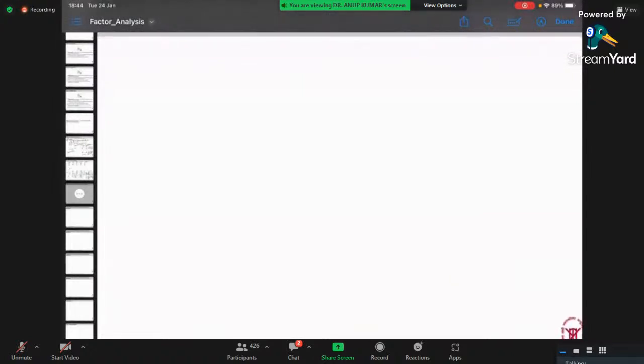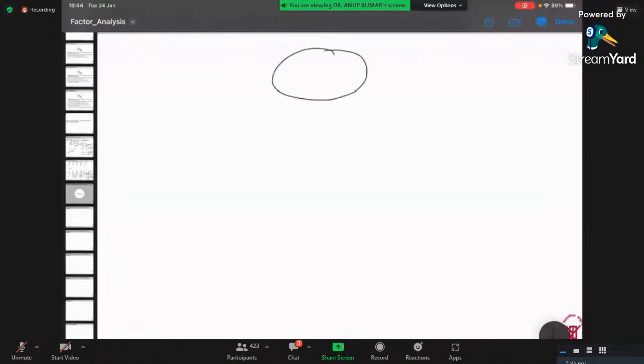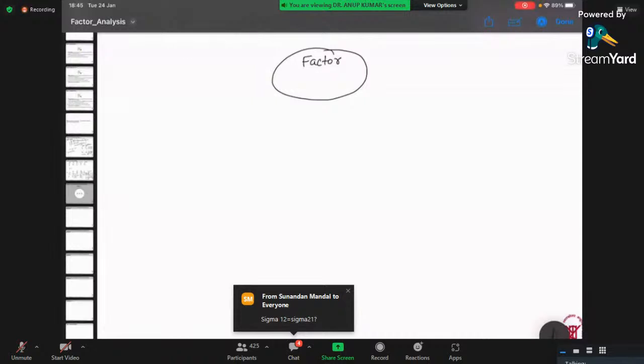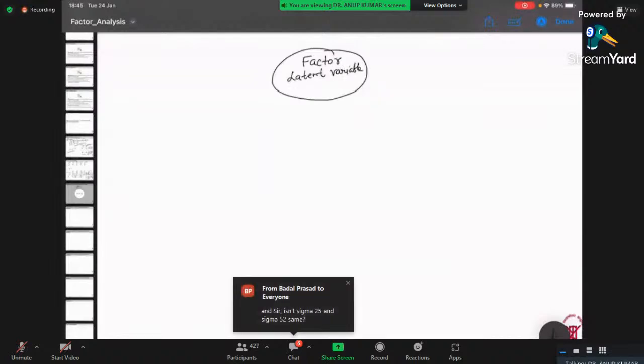What is factor analysis? Let us say that there is a factor, or you can say a latent variable, or an unobservable quantity.